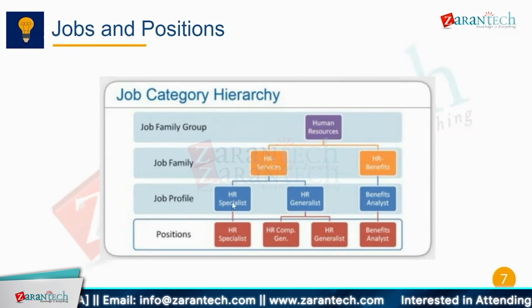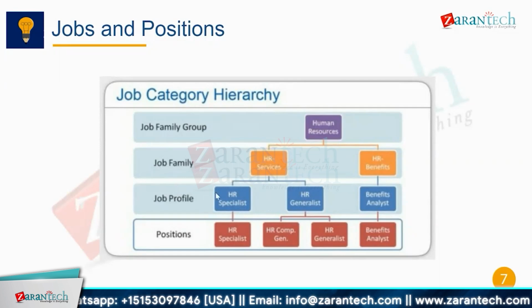And what you're doing is, let's say for the hiring restriction for the position that I created, I want it to be HR specialist. Automatically, because this hierarchy is already set up, it's assumed HR specialist is part of HR services, which is part of human resources. Does that make sense? You don't have to select the job family group or job family.